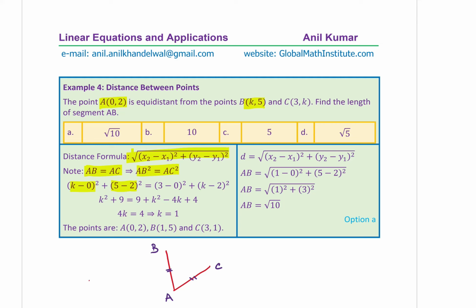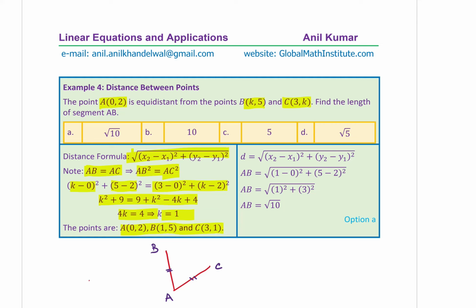And now the other distance is A to C, calculated on the right hand side. You get an equation from where you can find the value of k. The value of k is 1 in this particular case, right? So you simplify: 4k equals 4, k equals 1. Perfect. Once you get the value of k, you get the coordinate points B and C also.